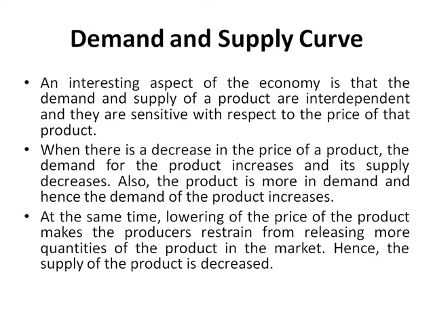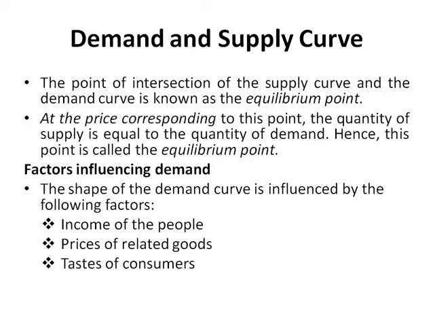The product is more in demand, and hence the demand of the product increases. At the same time, lowering of the price will make the producers restrain from releasing more quantities of the product in the market. Hence the supply of the product is decreased.